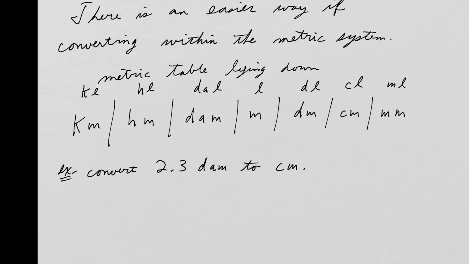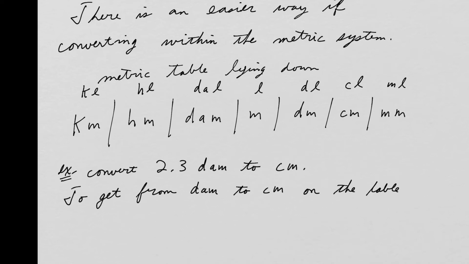So let me write that out here. To get from decameter to centimeter on the table, we move 3 places to the right.